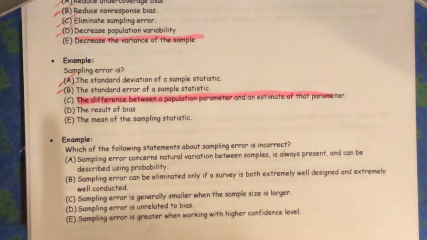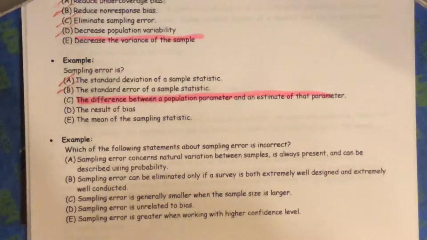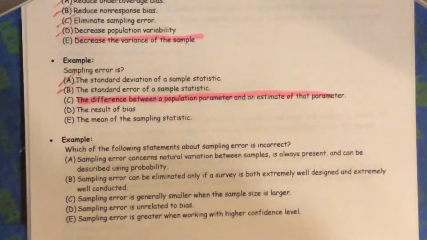So again, if we went to income, we're going to have high income and low income, and our sample should also have high income and low income. So consequently, there will be a standard deviation in the sample. All right? So this is because a sampling error is the difference between what our sample statistic says versus what the population parameter actually is. It's not the result of bias, and it's not that.